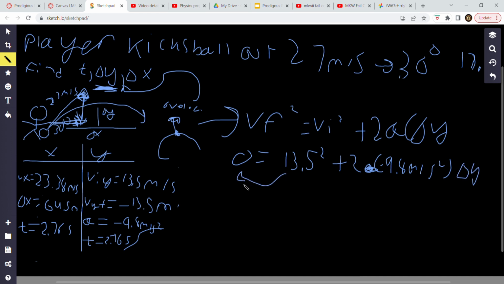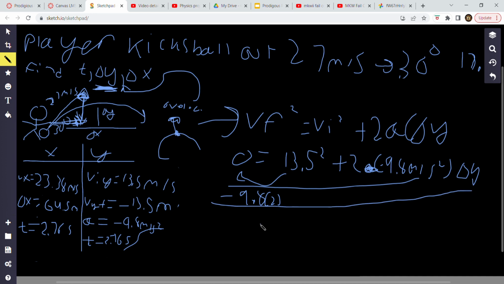We move this over, divide by negative 9.8 times 2, and we get delta y is equal to, plugging this into my calculator, about 9.3 meters.